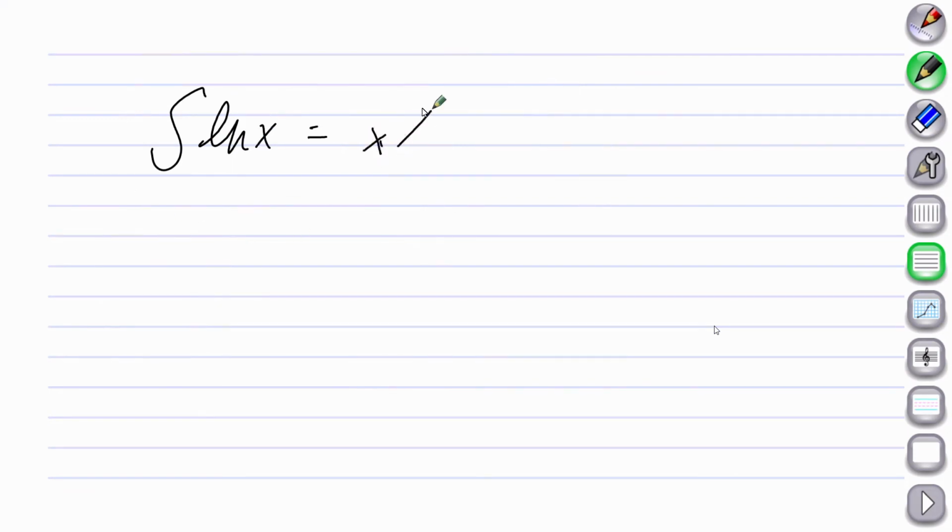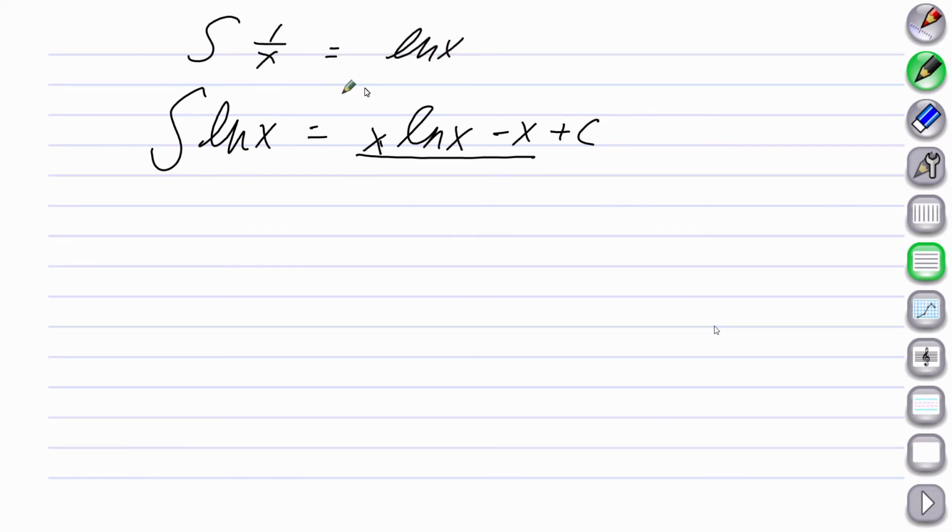This one comes up a lot, maybe second semester calculus. It's just one that you kind of memorize. You can't really do it by u subs. It's a little bit more complicated. So the integral of 1 over x is ln x, but the integral of ln x is x ln x minus x.